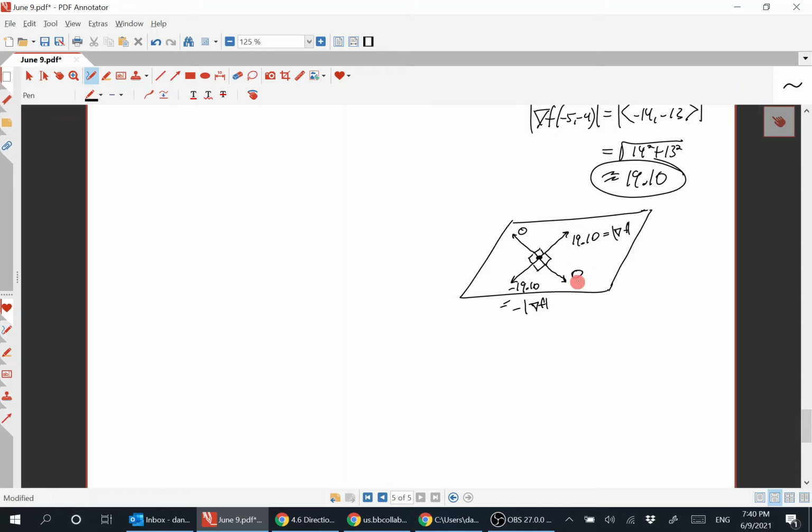And these are 0, which is 90 degrees from the gradient. So the geometry of the slant of that tangent plane has some interesting bits to it.